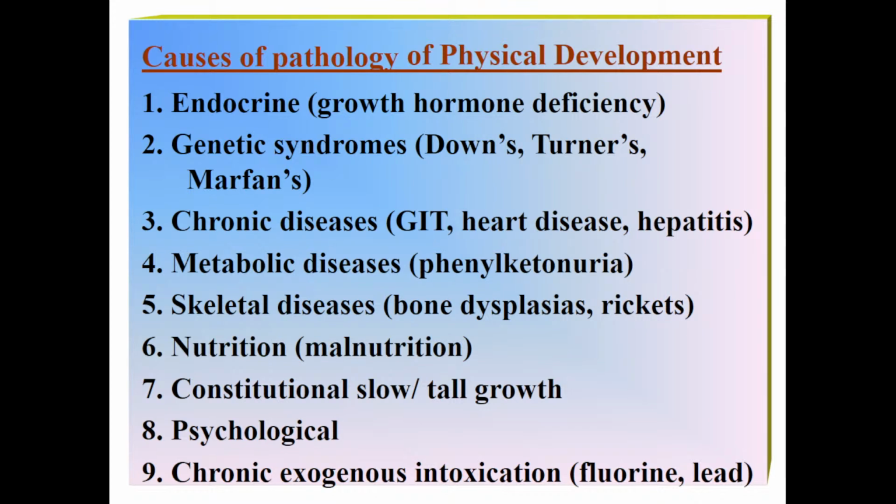Second, genetic syndromes: Down, Turner, Marfan syndromes. It may be a different variant. For Down, more correctly, low physical development. For Marfan syndrome, a specific situation with high physical development, especially height increase.